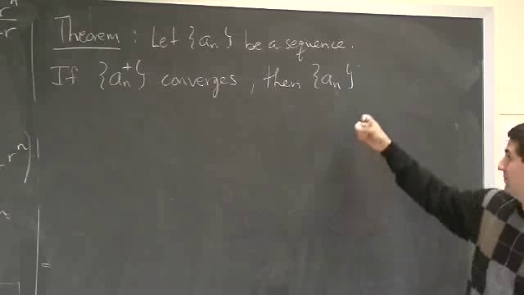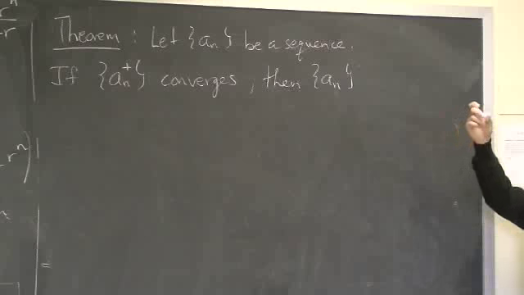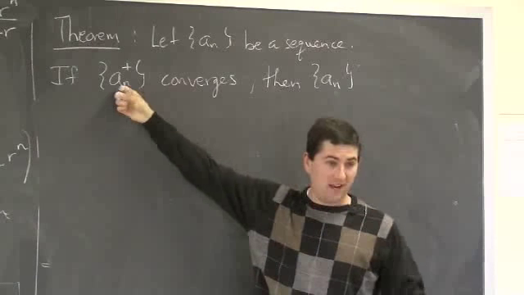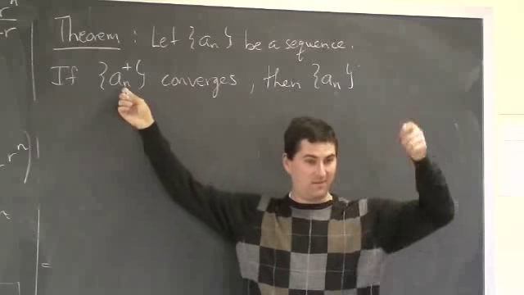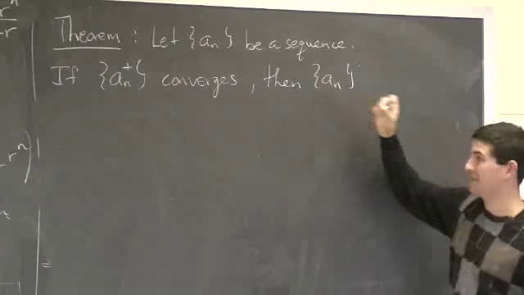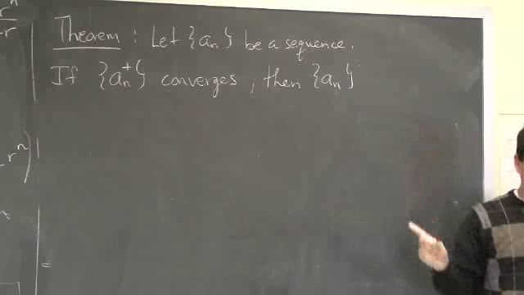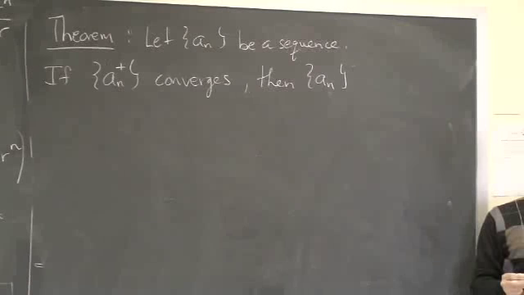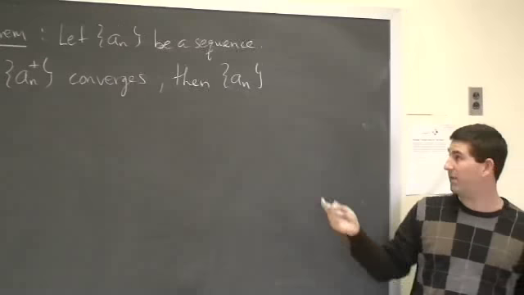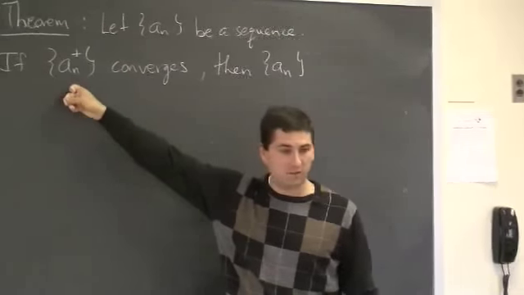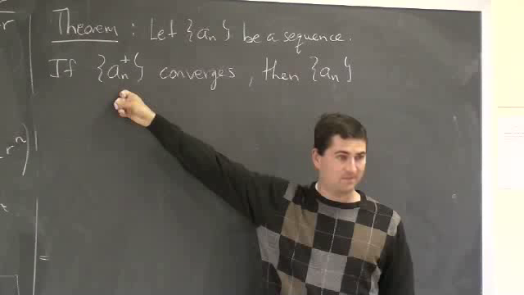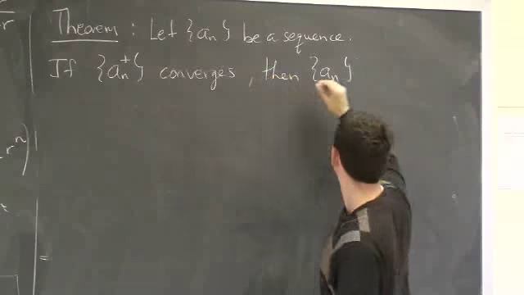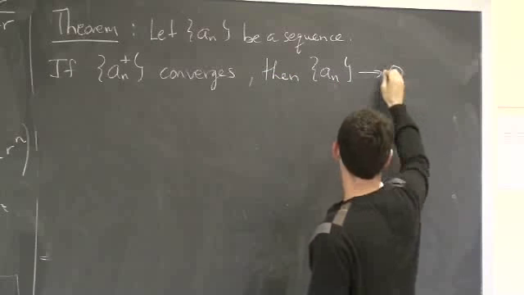Whatever the nth term is, you're going to keep adding more and more. So if this converges to something not 0, you're going to be adding something which is not 0 over and over again. So it better converge to 0. If it doesn't converge to 0, how could this possibly converge? So that's what it's going to be.